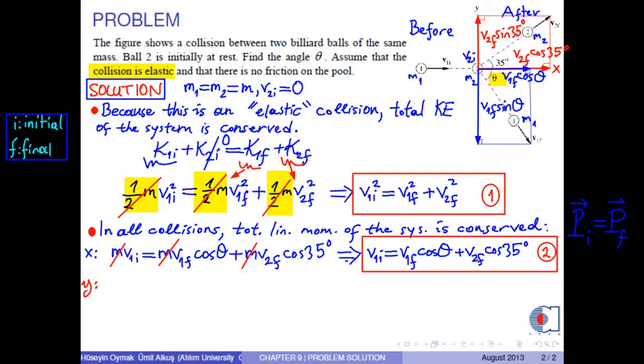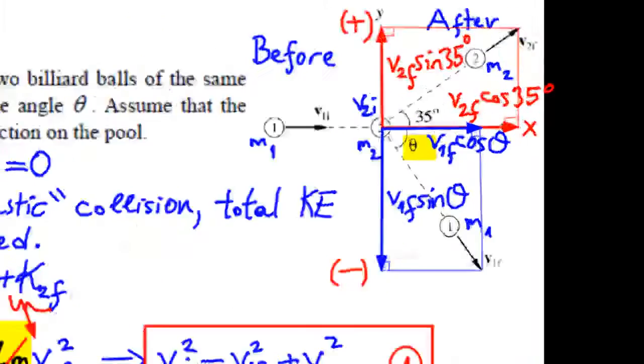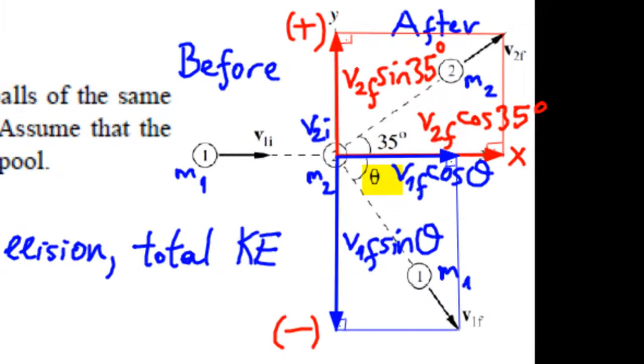The y component of the initial total momentum is 0 because there is no motion along the y-axis before the collision. The y component of the final momentum of ball 1 is negative m times v1F times sine theta if we take the negative y direction as negative and the positive y direction as positive.